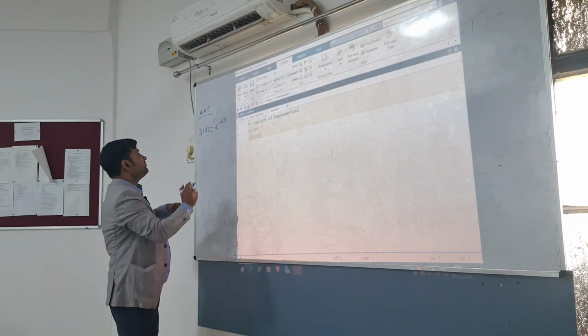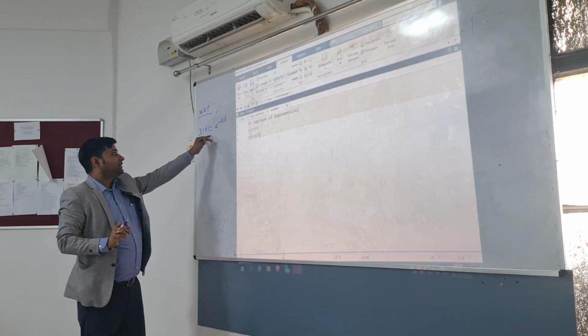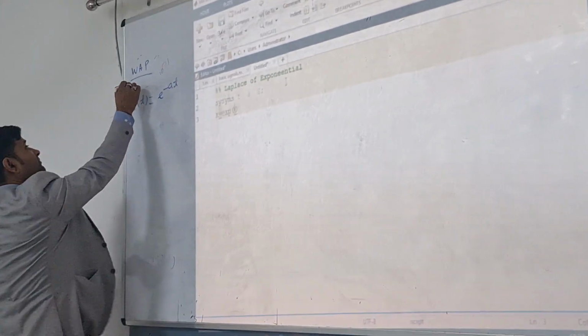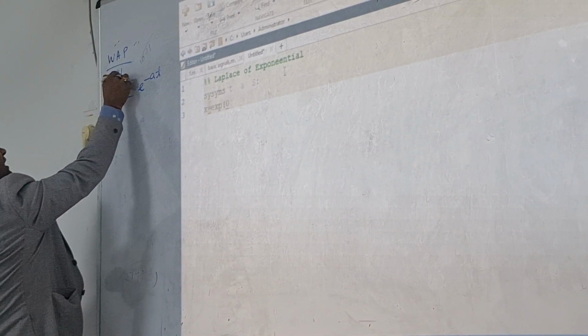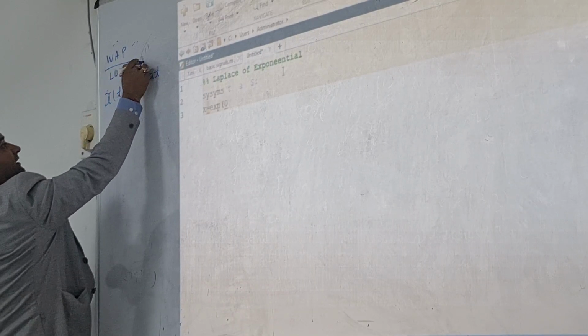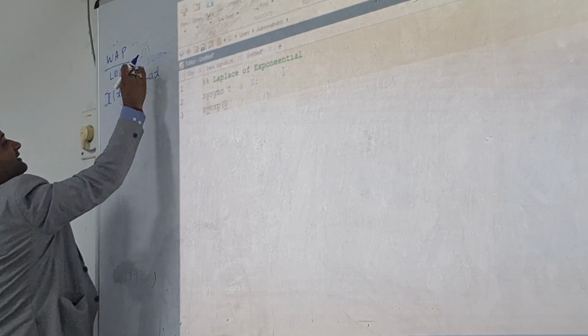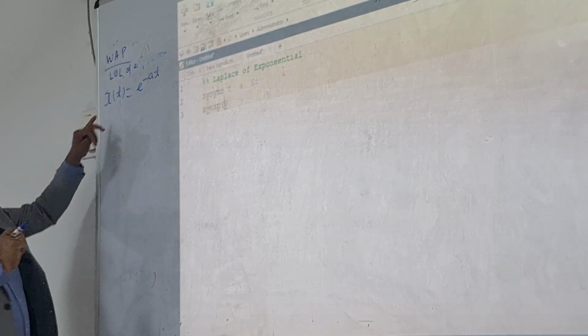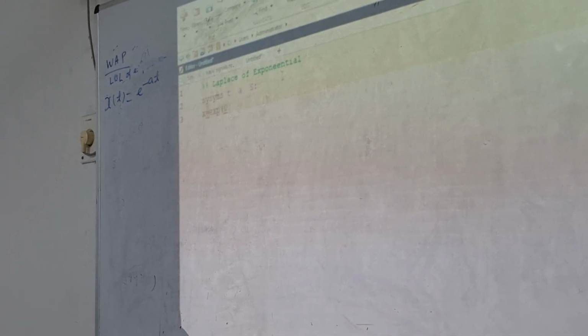The question is to write the Laplace transform of an exponential signal. The exponential signal can be denoted by x(t) is equal to e to the power at. Then write the code in MATLAB.